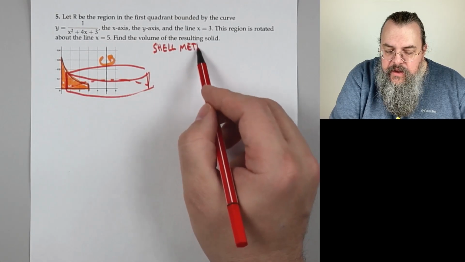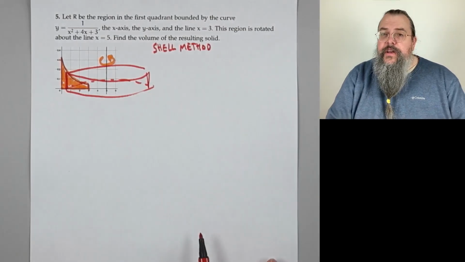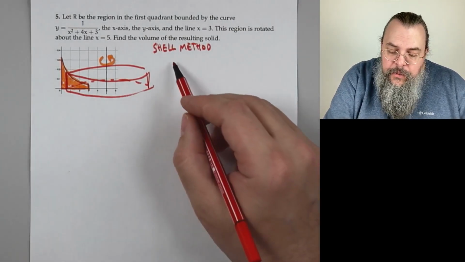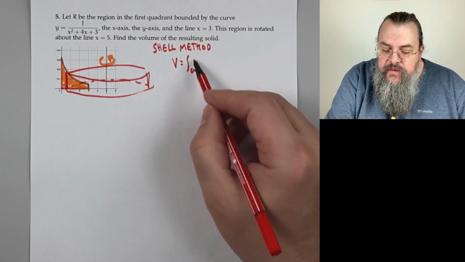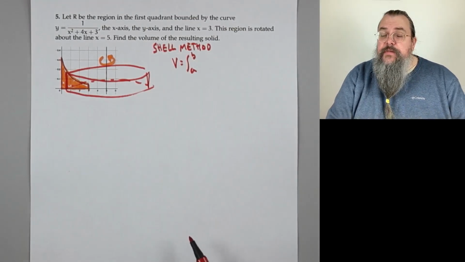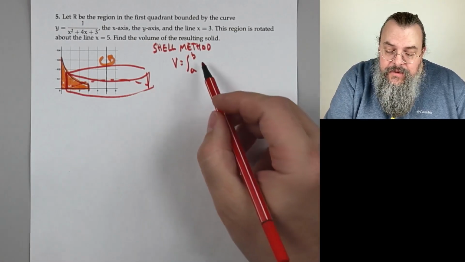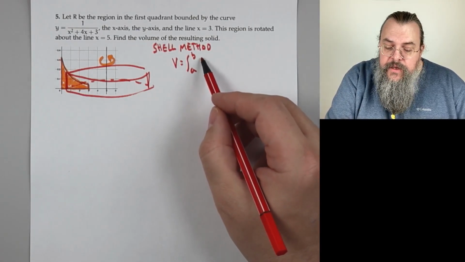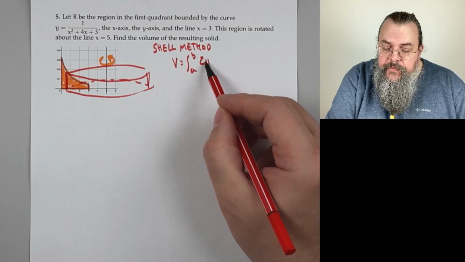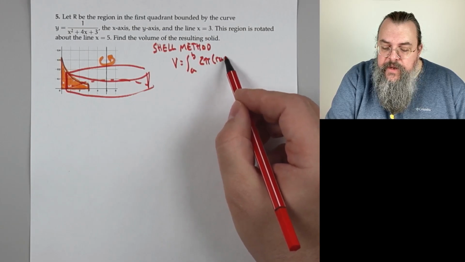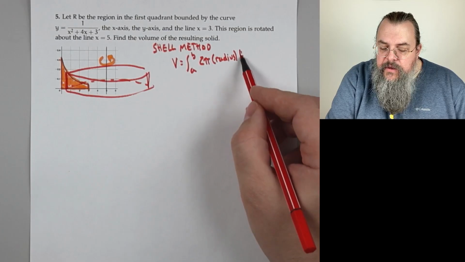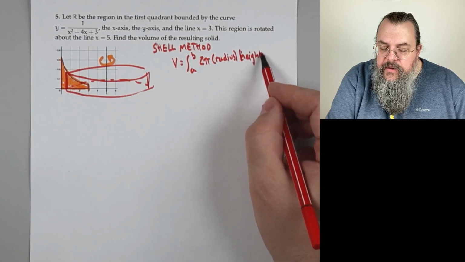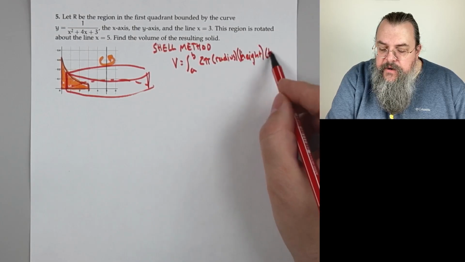All right, so how does shell method work? Well, we have that the volume is you add up your pieces. So that's what the integration means. We're adding up our parts. And then we say, what happens with each shell? Well, we have 2 pi, and then we have the radius, our height, and then we have our thickness.